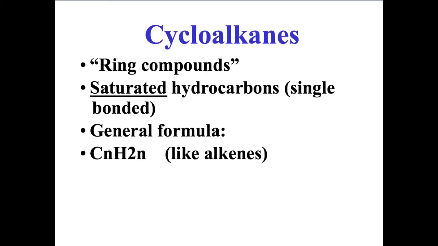Now we move on to another group of builder molecules other than alkenes and alkynes. These are called cycloalkanes. This prefix cyclo tells the reader that we're making a ring. We're talking about carbons that are going to loop back and be bonded to themselves.